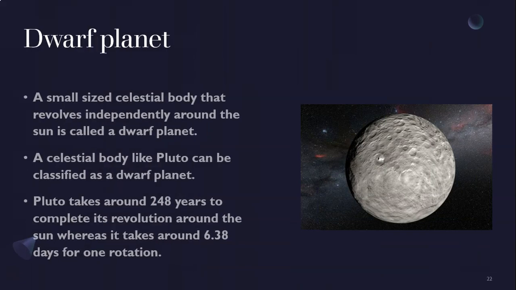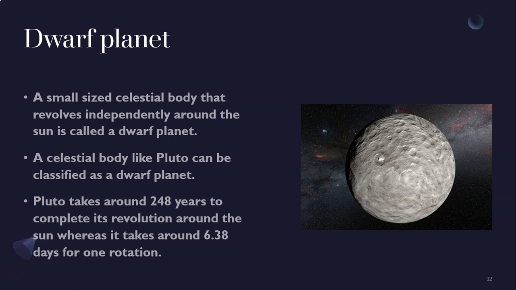Dwarf planet. A small-sized celestial body that revolves independently around the sun is called a dwarf planet. A celestial body like Pluto can be classified as a dwarf planet.